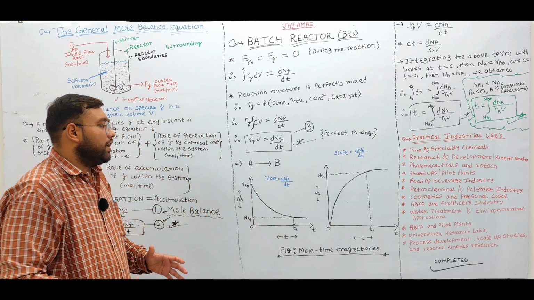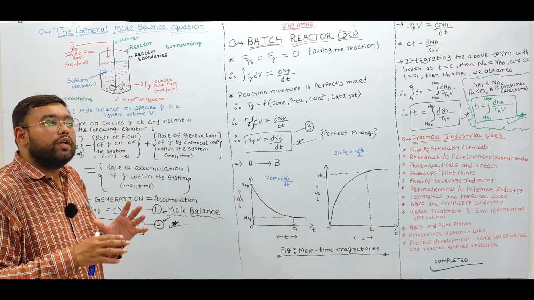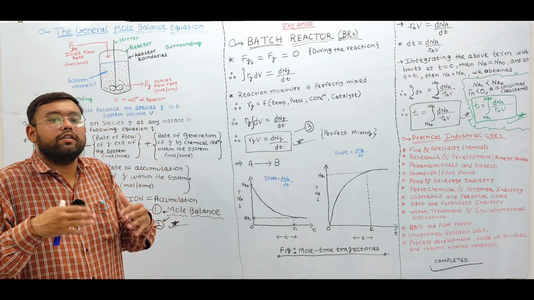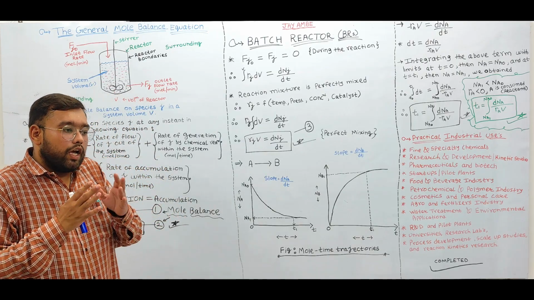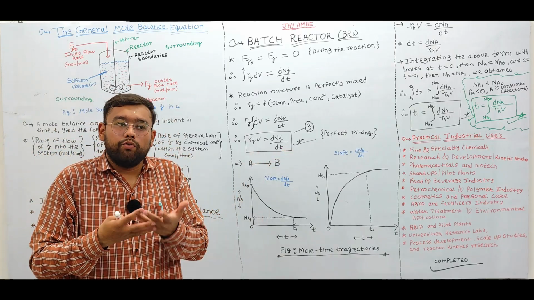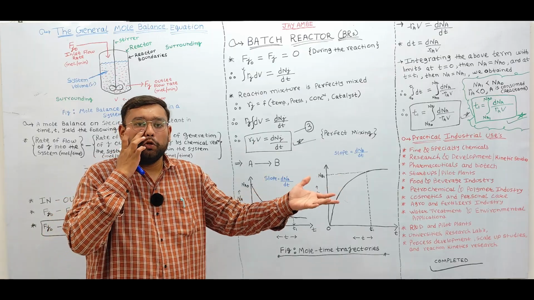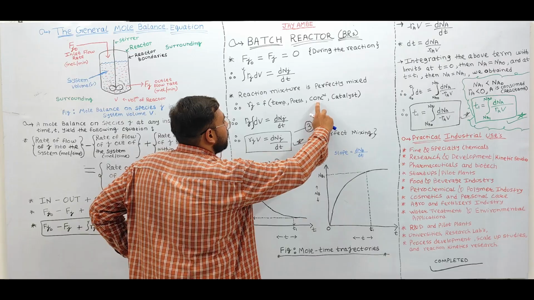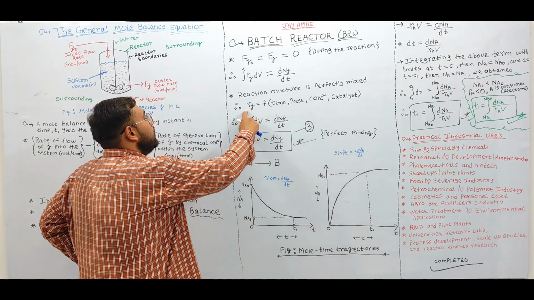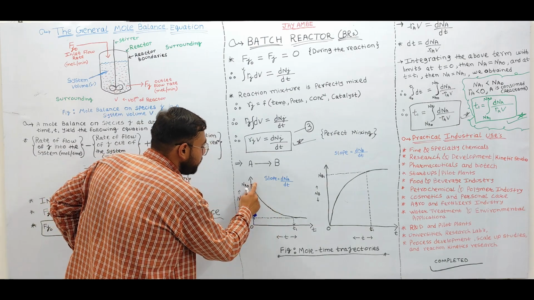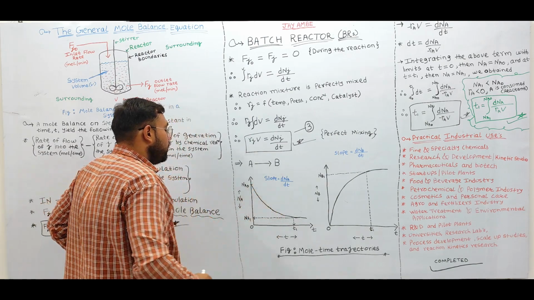So at the initial time period, where we have the higher concentration of A, we'll have higher rates of reaction, which means at very high speed the reactants will interact, react, and be converted into new products. With the higher concentration of reactants, we have a higher rate of reaction, due to which we have the steepest nature of the curve.